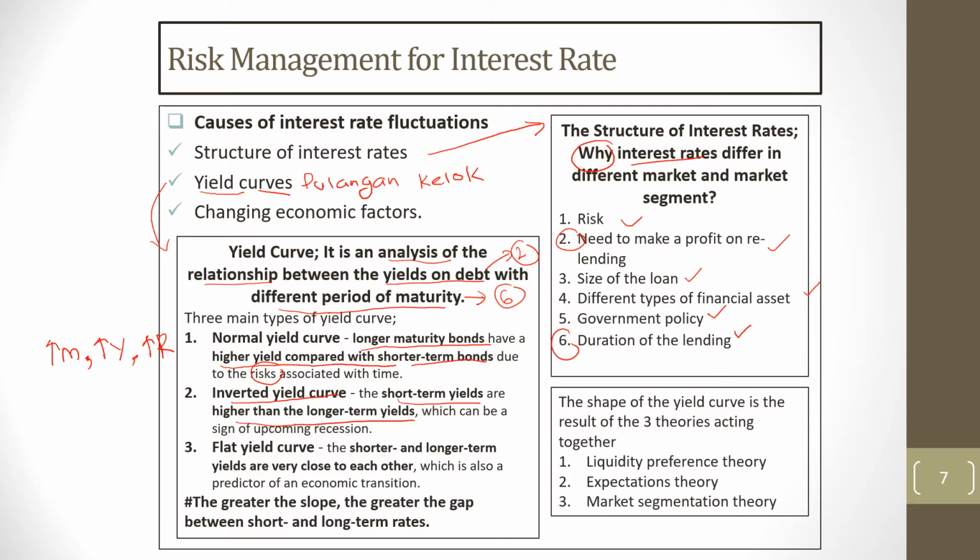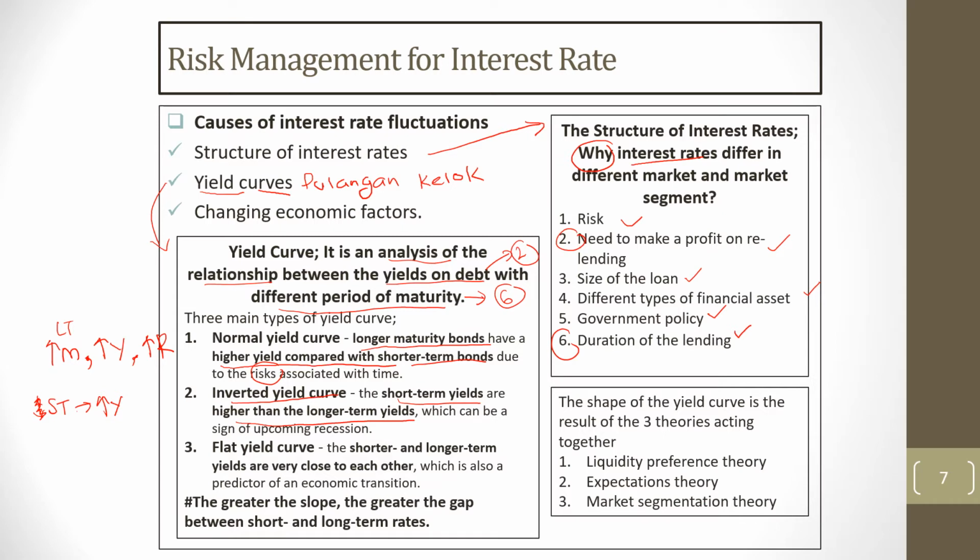So untuk tempoh jangka masa yang short term, dia akan dapat higher yield. So untuk yang ni short term, this one is long term kan. Okay, so short term, dia akan menyebabkan kita akan dapat higher yield. Okay, so ini adalah untuk inverted yield curve.